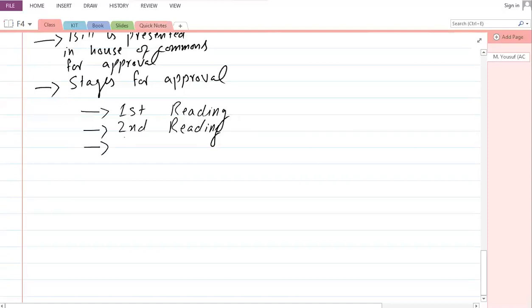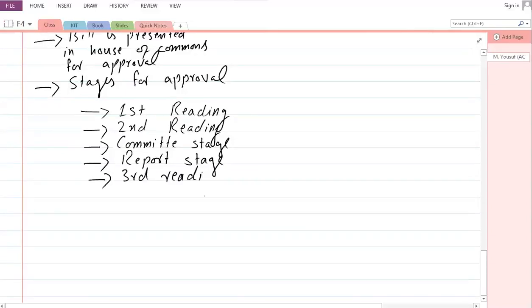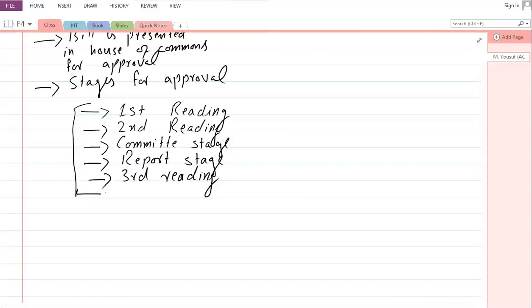Then there is a committee stage. The fourth stage is called report stage. And the last stage is called third reading. So these are the five stages to approve a bill in House of Commons. What happens in these stages?